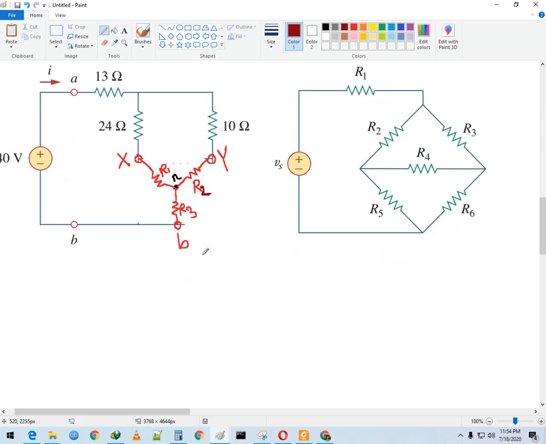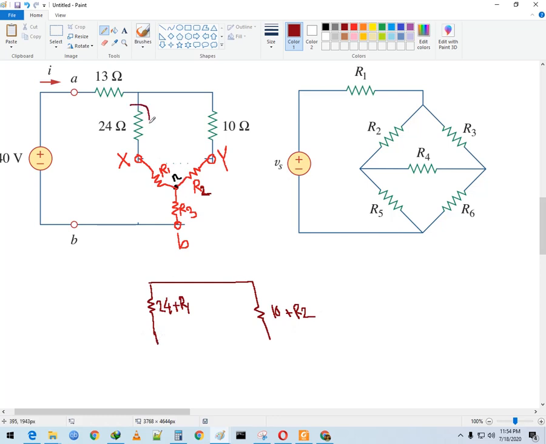Okay, so if you want to simplify, it will become a resistor that is 24 plus R1, because these two are in series. With this element we also have another element that is 10 plus R2, right?